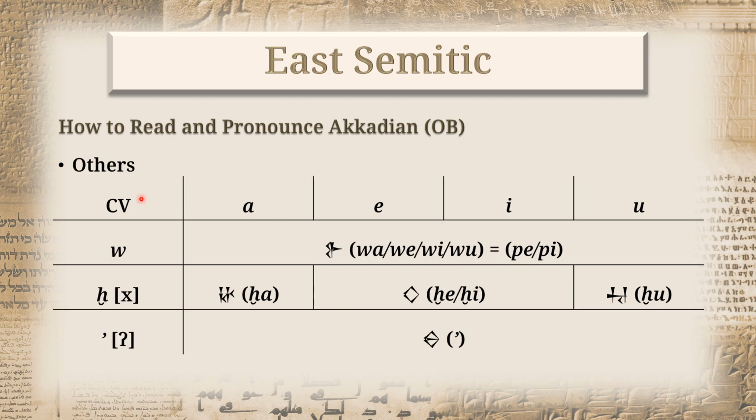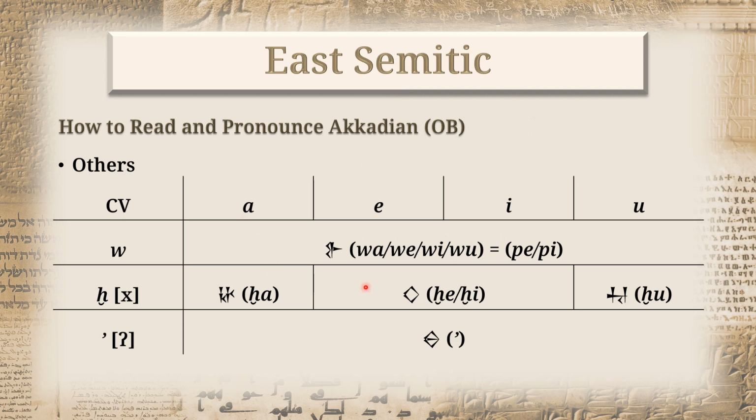Now, you see we're almost done because these ones are just others. There's a kind of wow-ish sound, but there's only one sign, wa, we, wi, wu. And this is also the sign, you've seen it before, for pe and p. Here's the guttural, cha, che or chi, and chu. And there's also a sign for a glottal stop.